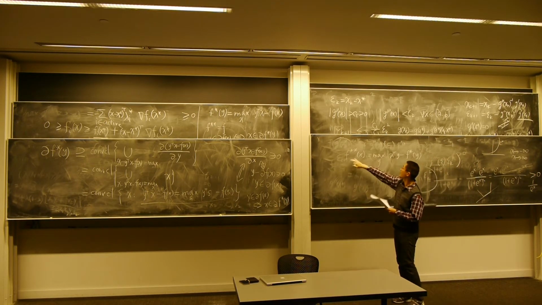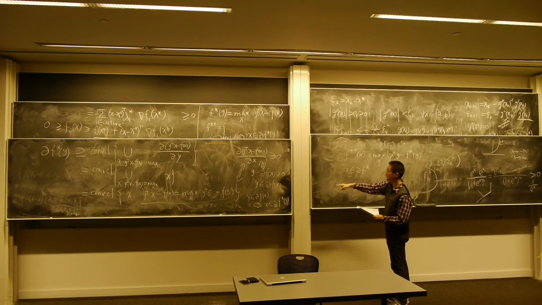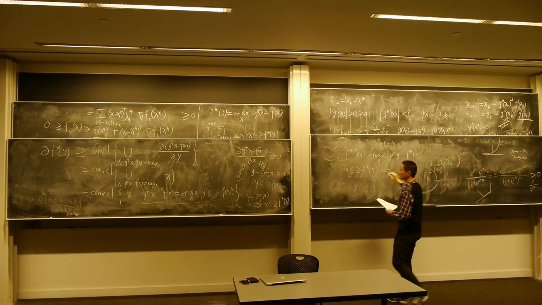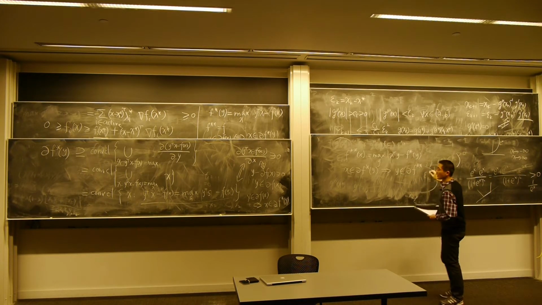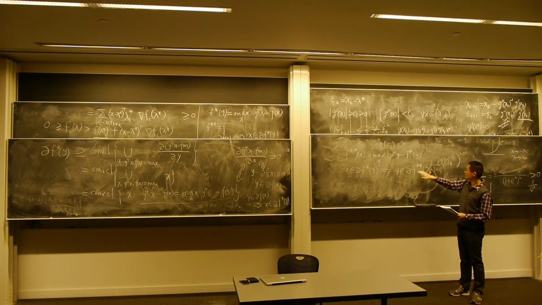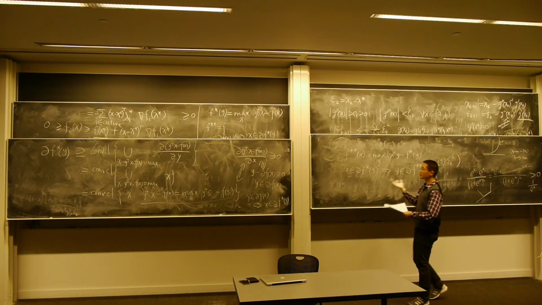This is the definition of f double star x. From this, forming a similar argument, I replace x with y and f by f star. This leads to y belongs to the subgradient of f double star at x. And finally, I use f double star equals f. I get both directions.